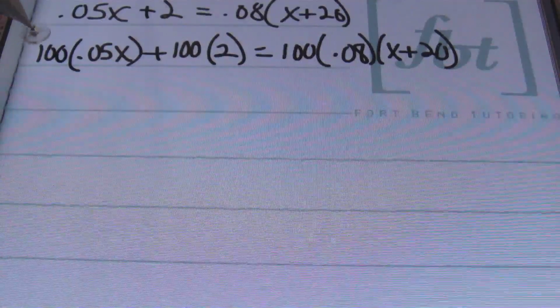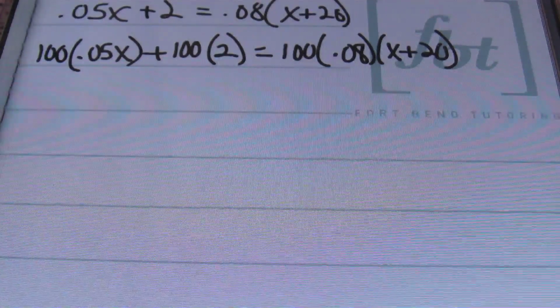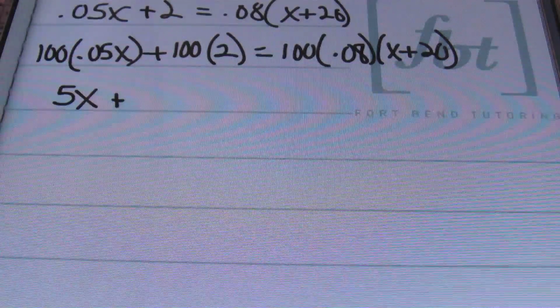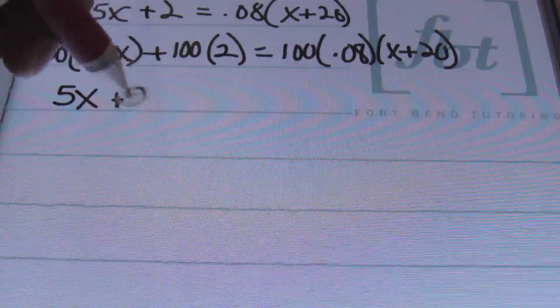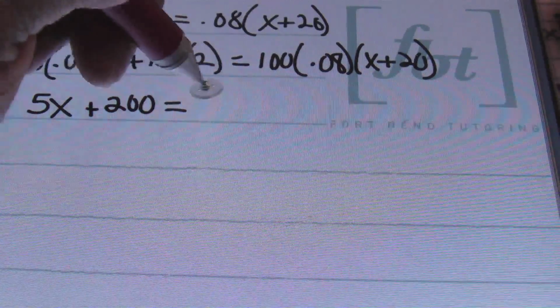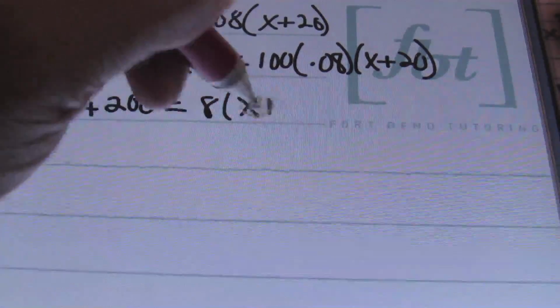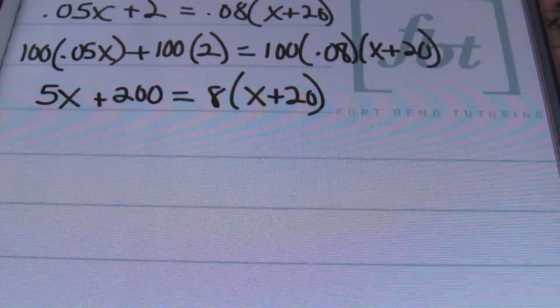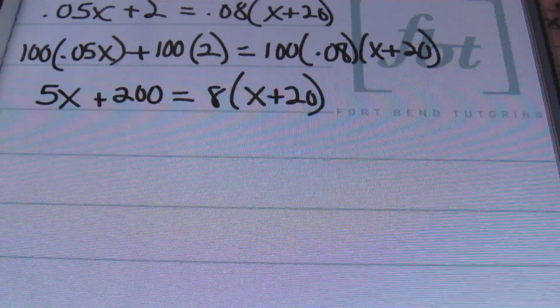Multiplying by 100 moves the decimal 2 places to the right. So 100 times 5/100ths gives me 5x. I add 100 times 2, which is 200. And this equals 100 times 8/100ths, which gives me 8 times X plus 20. Now I have an equivalent equation without any decimals. A happy camper I am.